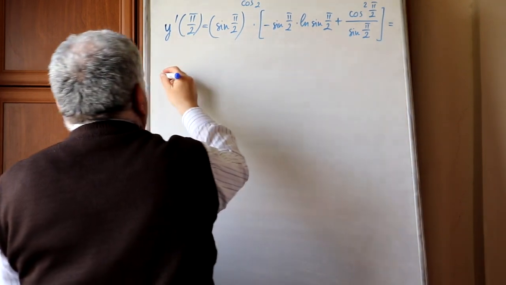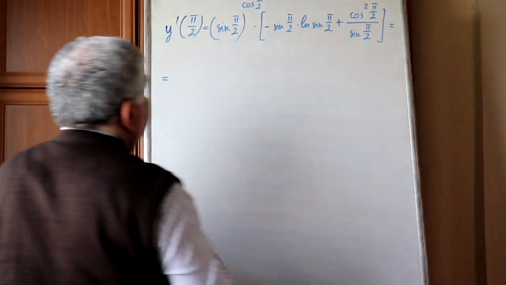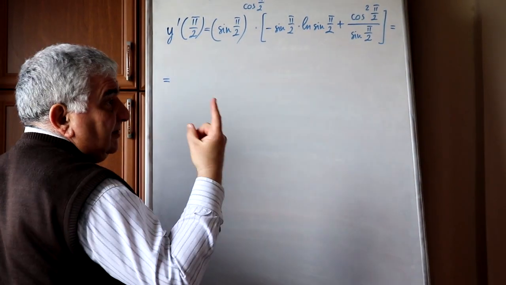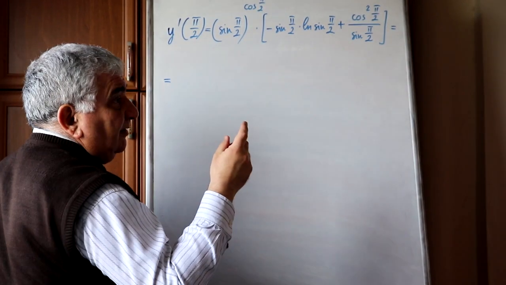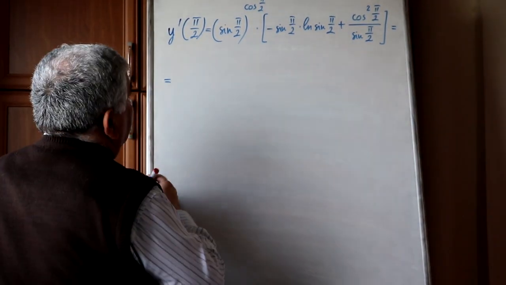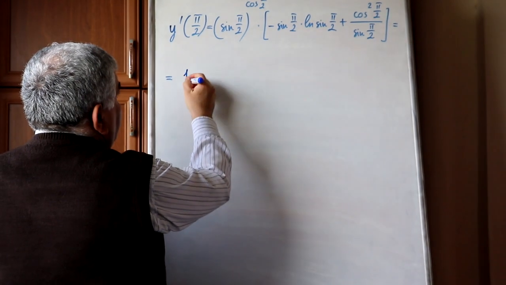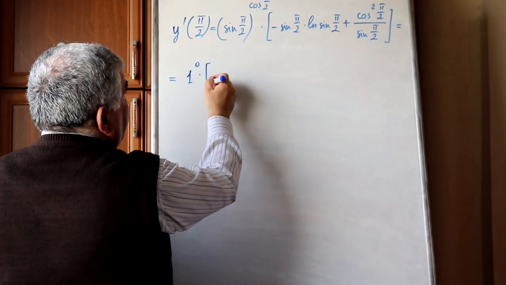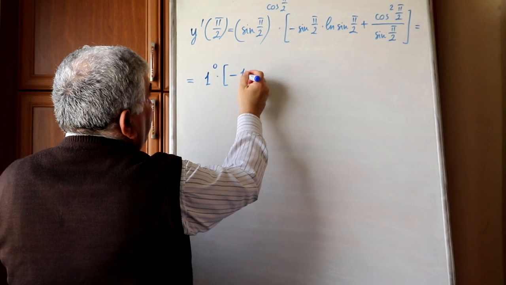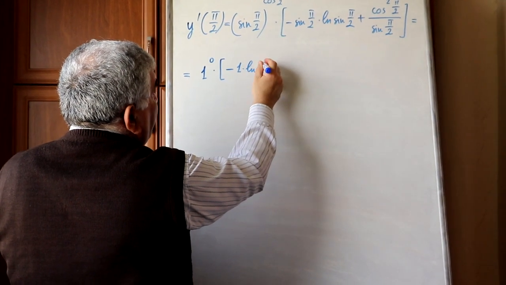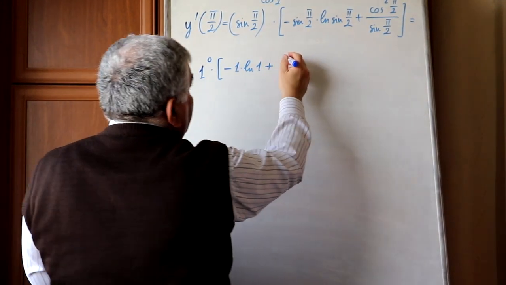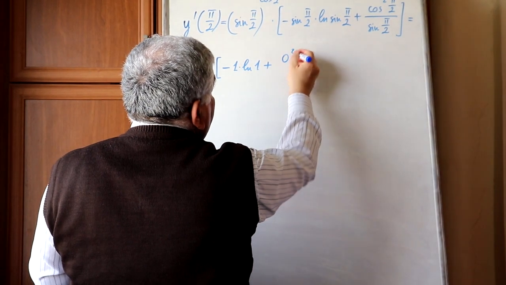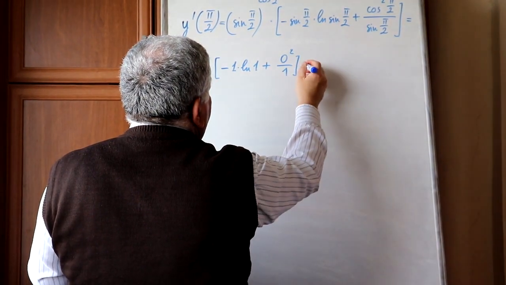Continue. You know that the sine of pi in half is 1 and cosine pi in half is 0. 1 to the power 0 multiplied by minus 1 multiplied by natural logarithm of 1 plus 0 squared over 1. Then continue.